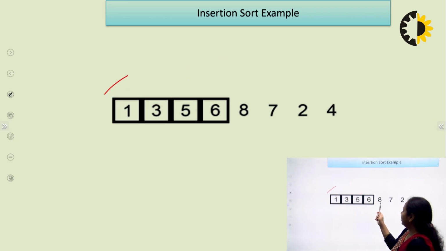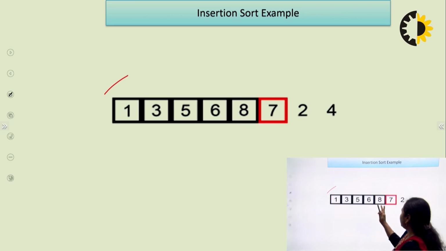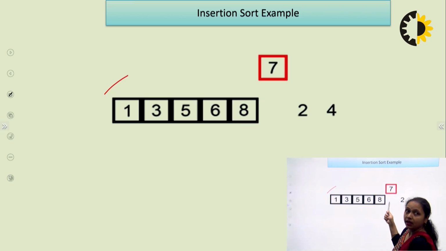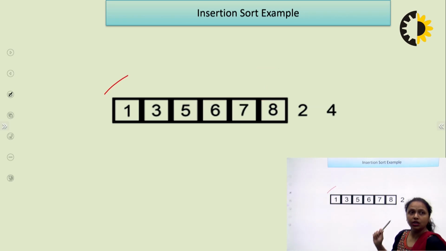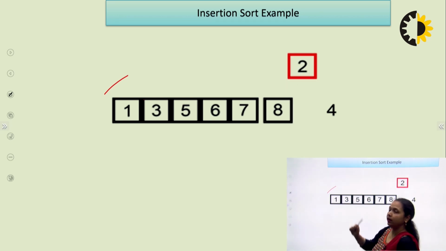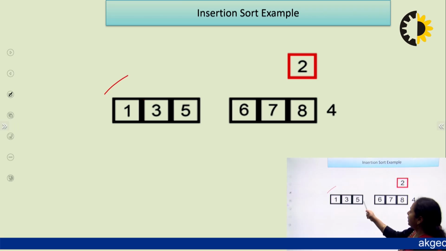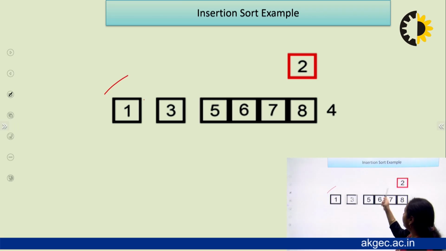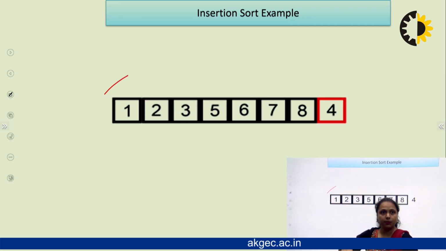Next we have 8, we compare it with 6, no need of inserting because it is at its correct position. Now 7, we compare it with 8 and then with 6, and the correct position is this. Next 2, it is inserted between 1 and 3 like this. All elements are compared one by one, and when one finds its correct position, it is inserted.